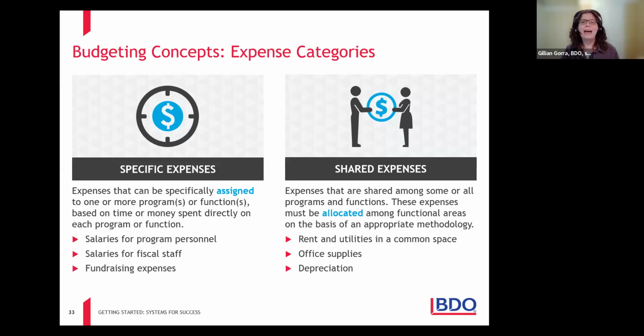Maybe you've got supplies that are going to your arts camp. Those supplies, when you actually account for them in your accounting system, we're going to code them, so to speak, to the arts camp program. They're specific. We also have something called shared expenses. These are expenses that are often paid for in one fell swoop, but are supporting multiple categories of work at the organization or all of the programs and functions of your organization.